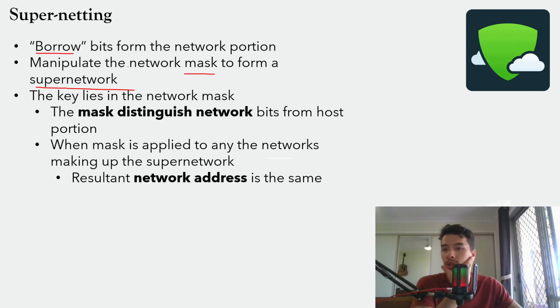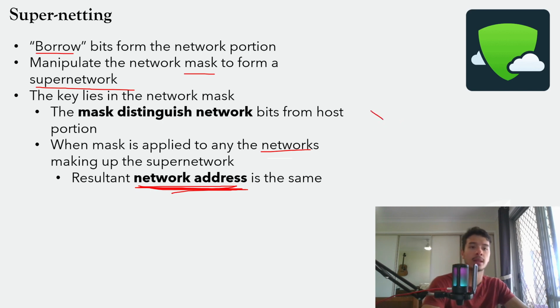The key lies in the network mask, which distinguishes network bits from the host portion. When the mask is applied to any network, you will get the network address as the resultant, doing that little binary math thing which I showed you before. If you push them all together, you'll see that they all aggregate to the first network address, which is the one represented on the router.